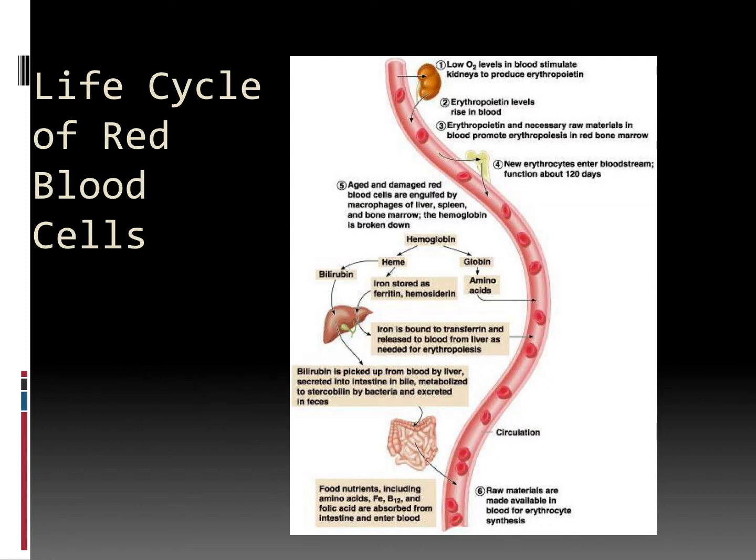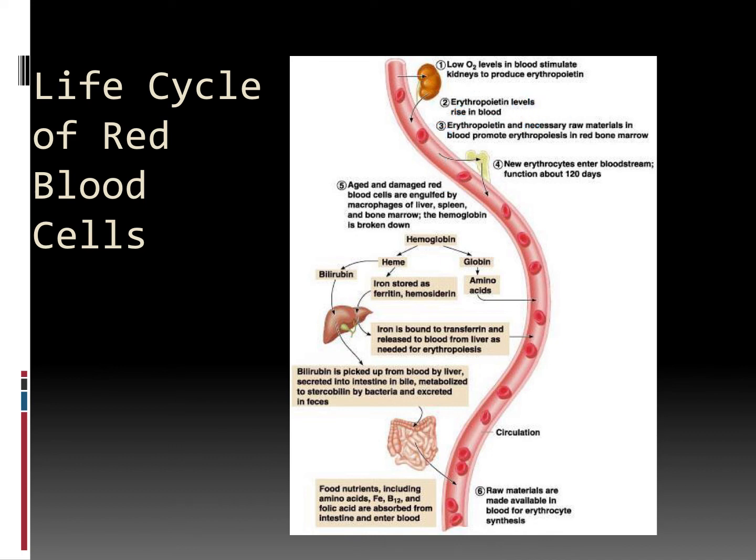Red blood cells, like most cells, don't live an infinite amount of time. This is their life cycle. When the kidneys sense low oxygen levels because of low red blood cells, they produce erythropoietin that increases levels in the blood.